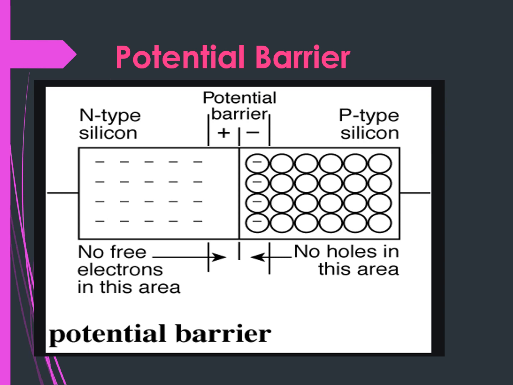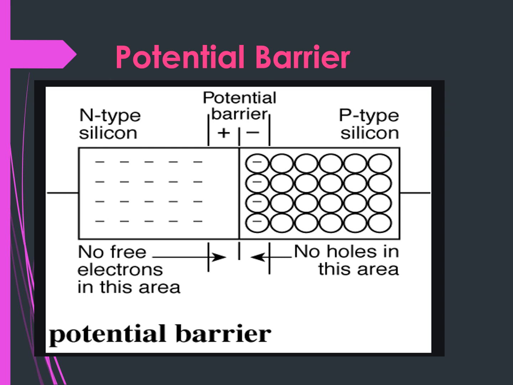From the n side the electrons are moving out, thereby it becomes positive, and the p side becomes negative as electrons enter and holes move out.